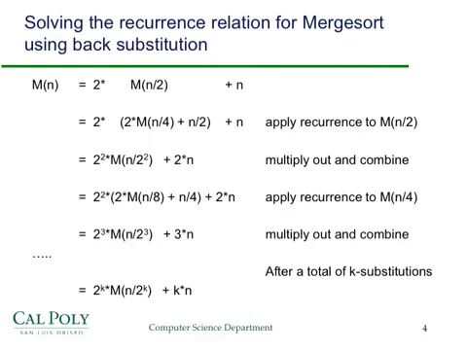This is increasing by 1 every step you take. This is increasing by a factor of 2 every step you take. And this denominator is increasing by a factor of 2 every step you take. So after a total of k substitutions, we're going to end up with 2 to the k times m of the list of size n over 2 to the k, plus k times n.